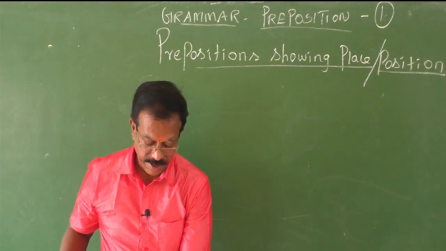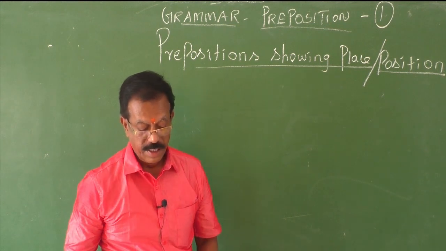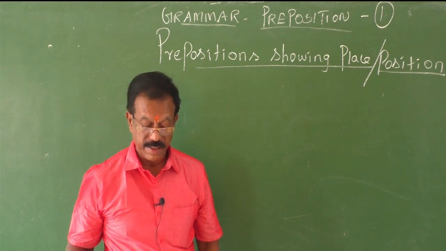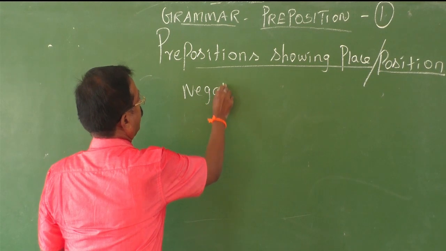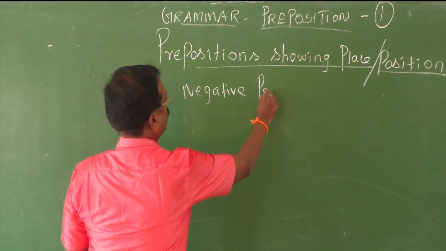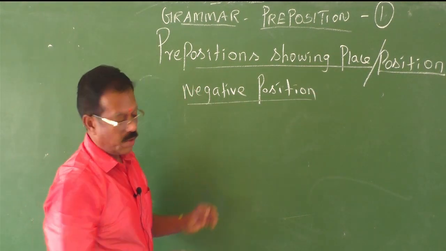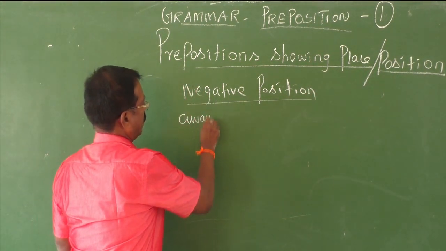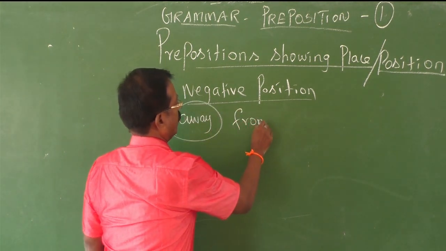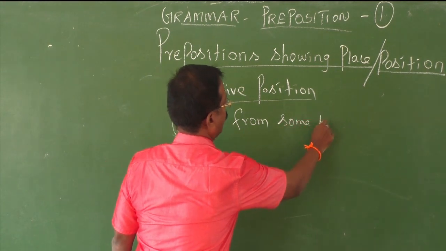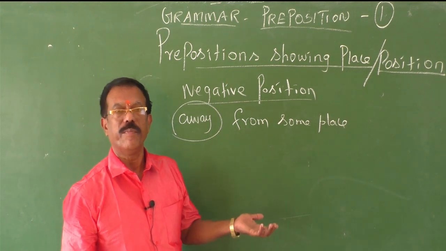Other prepositions. You should know the difference between off and in. There are some prepositions which show the negative position. Away shows the negative position from some place. He went away from the meeting point.